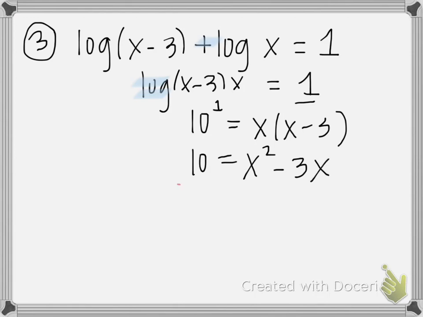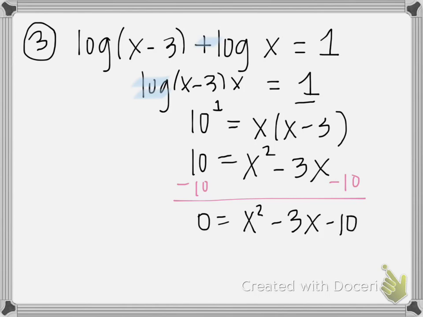So now I'm going to have to solve this one by factoring. So this is going to be 0 is equal to x squared minus 3x minus 10. Now I need to factor what multiplies together to give me negative 10 and adds together to give me negative 3. So that's going to be minus 5 and positive 2.